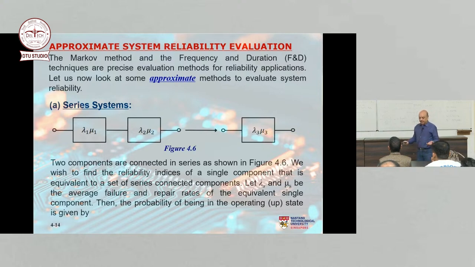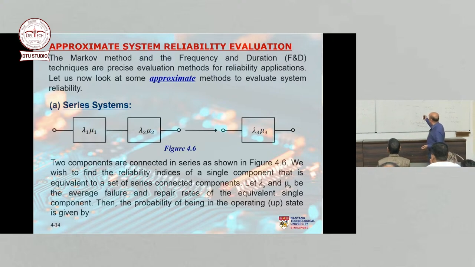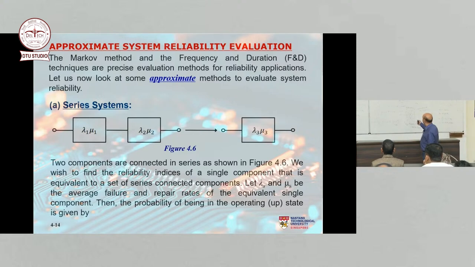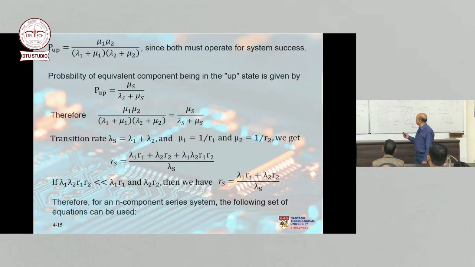I mean, the system requirement is that these two components operate in series. So we determine an equivalent component, and the failure rate of that component should be lambda s and mu s. So how do we calculate the equivalent failure rate of this component and the equivalent repair rate of this component? That's what we are trying to do now.